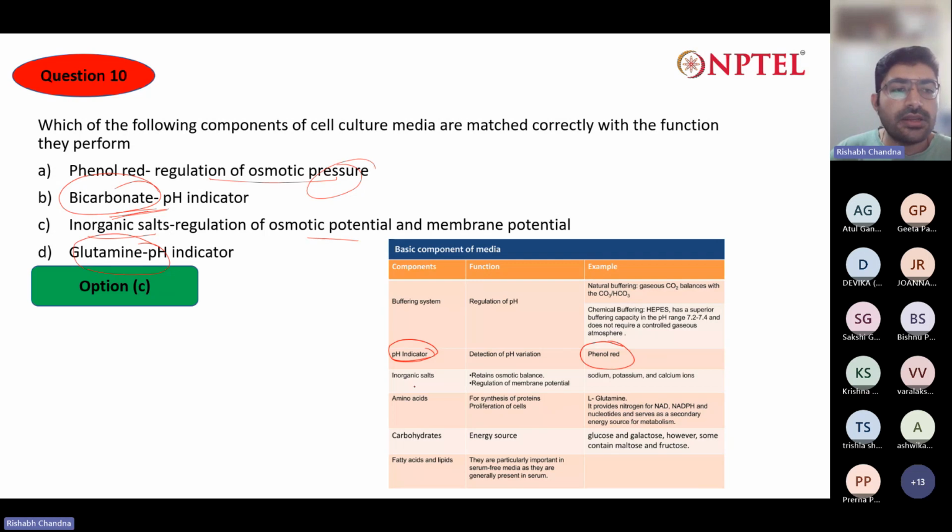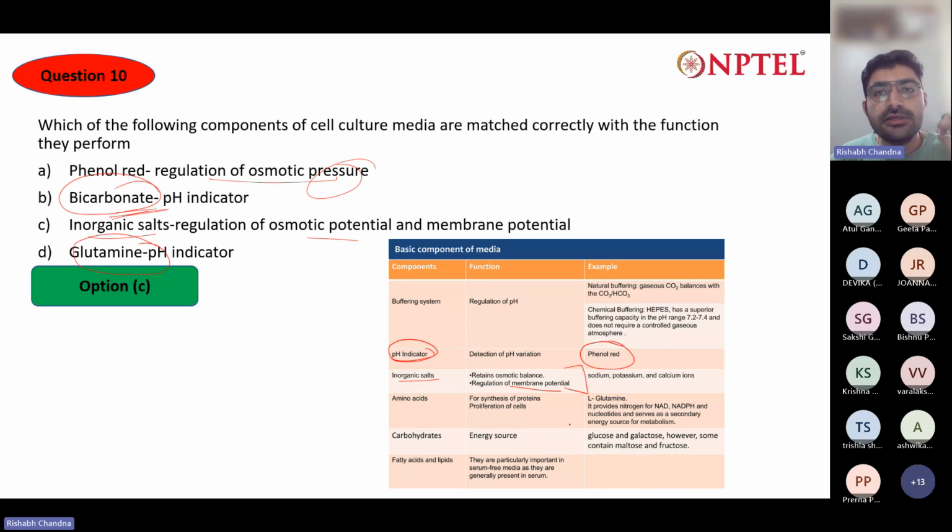Then the inorganic salts that we have retain the osmotic balance and the membrane potential also. So we use different salts like sodium chloride, potassium chloride, as well as some calcium salts for different cell lines. Then for amino acids, we require a source of nitrogen because the cells are actively growing.